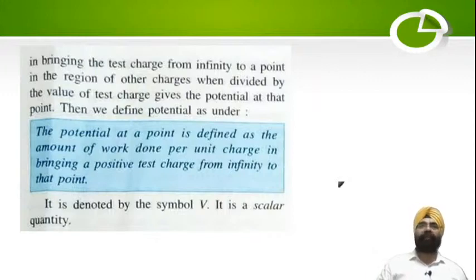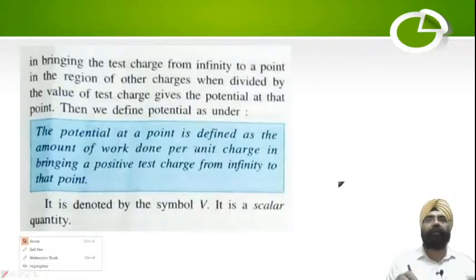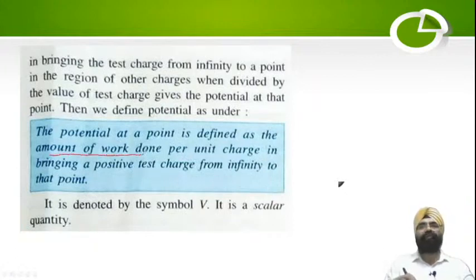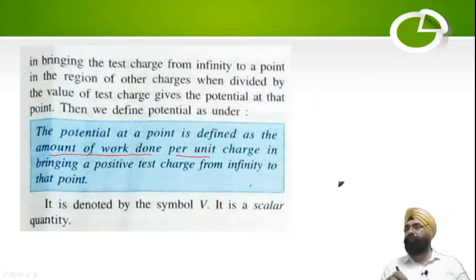So we had understood that potential at a point is defined as the amount of work done per unit charge in bringing a positive test charge from infinity to that point.